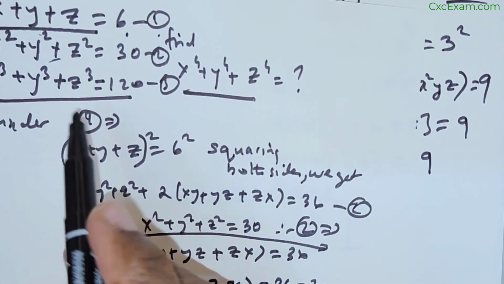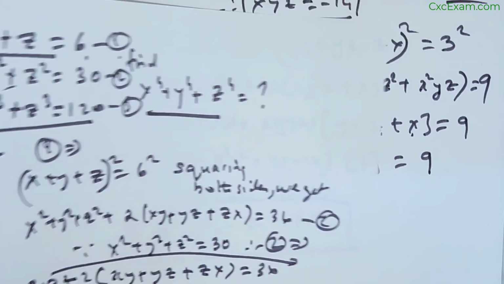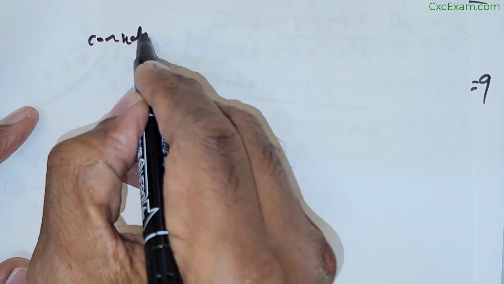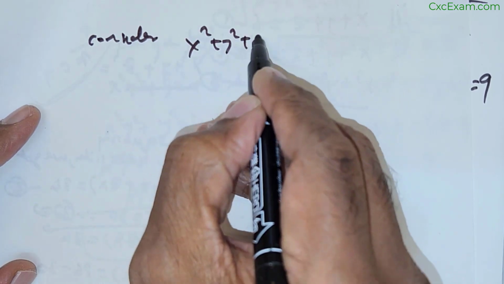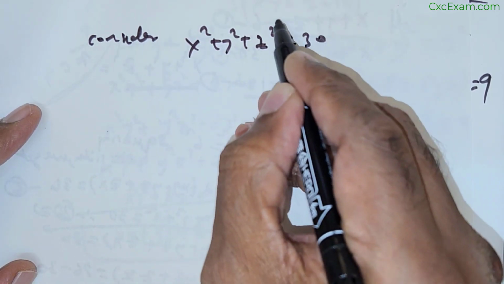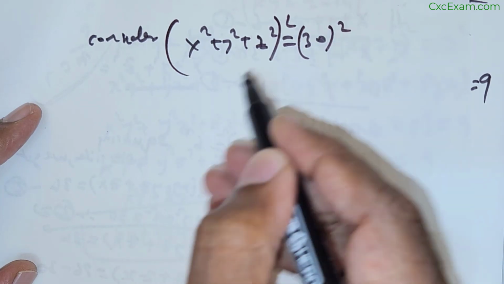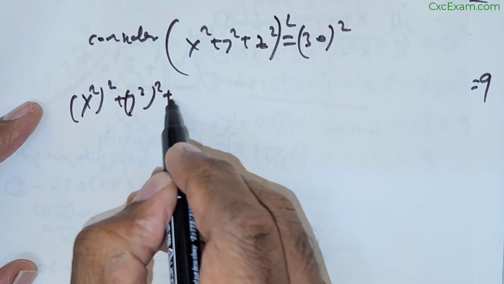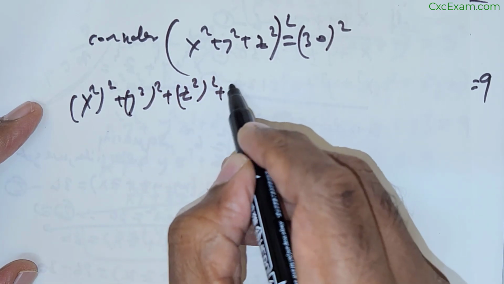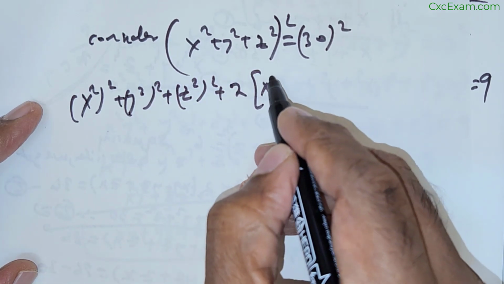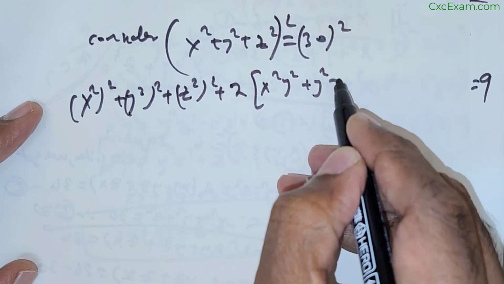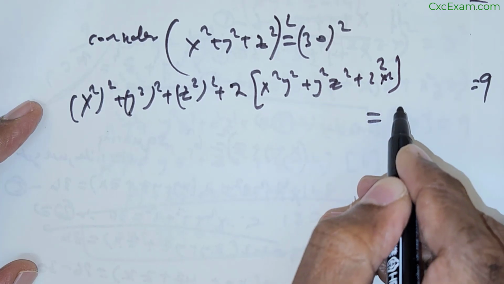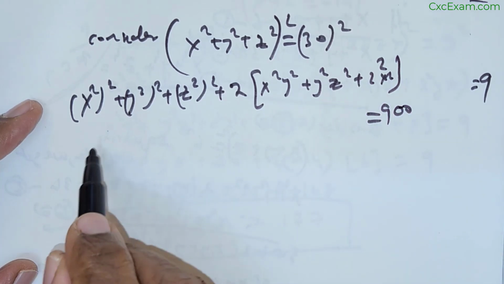So let me consider x squared positive y squared positive z squared is equal to 30. You square both sides. So it's going to be x squared, the whole squared, positive y squared, the whole squared, positive z squared, the whole squared, positive 2 times x squared y squared, positive y squared z squared, positive z squared x squared, equals 900.